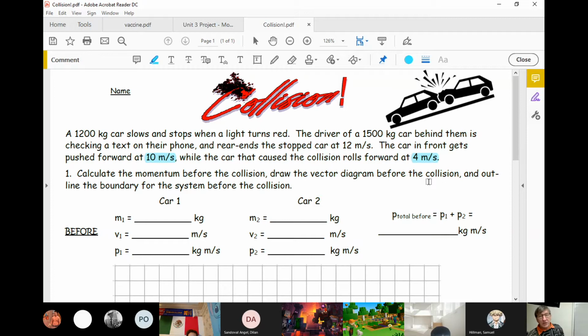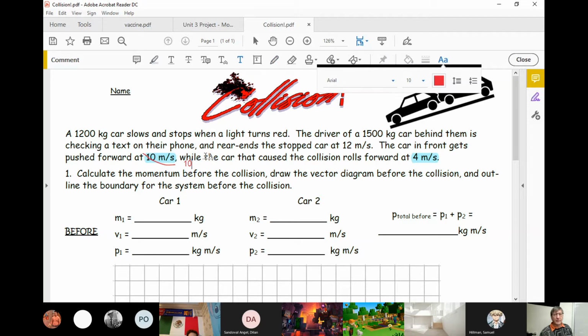Actually, you don't have to download the new one. You just need to change your numbers to match these numbers. If yours say 10 and 4, then you're in good shape. If they don't, you can just scratch it out and type in what it should be. Okay?